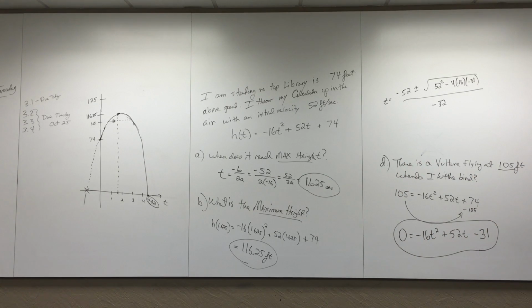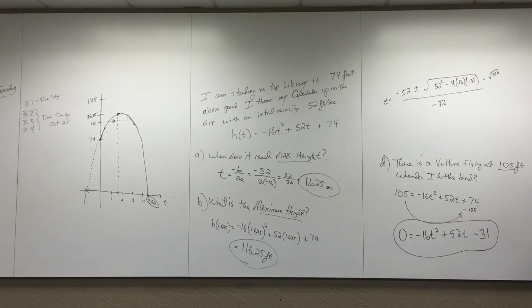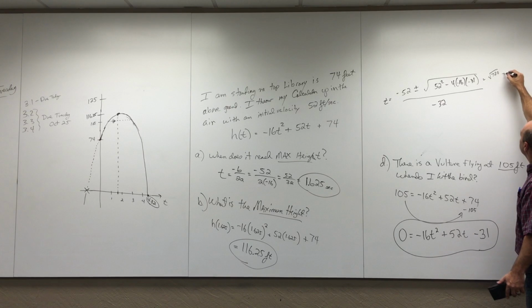Here it is. It's 52 squared minus 4 times negative 16 times negative 31 is how I'm doing. Cool, 720. That's the square root of 720. What is the square root of 720? 26.83.